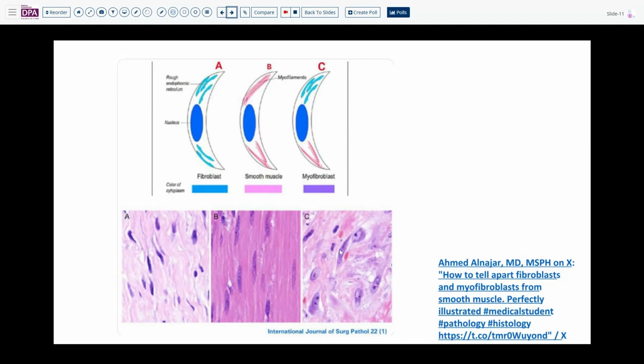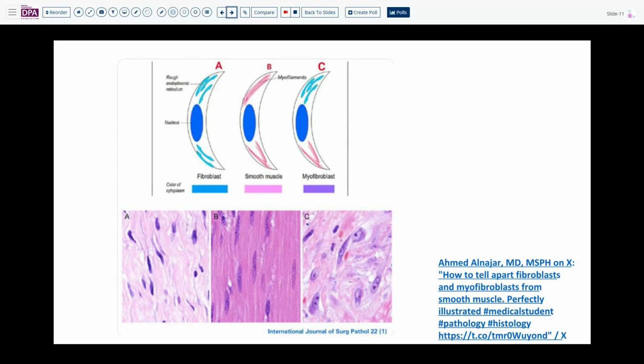In the H&E, we can see the nucleus is quite different from these two because we can see more open chromatin, and we can see the nucleoli, not even just one. Sometimes we can see two and even three. But these nucleoli are usually not prominent.